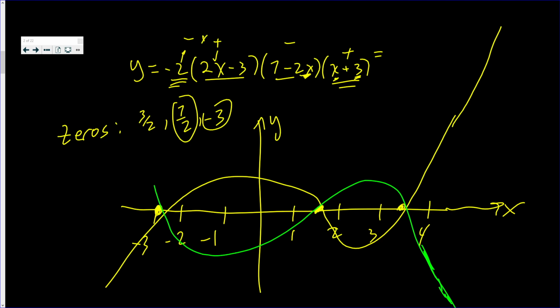If you were to multiply those 4 signs, you will get a positive. If you have an even number of negatives, we have 2 negatives, and 2 is even, you'll get a positive answer, and it's the yellow graph. The green graph, I meant to say, doesn't belong there.